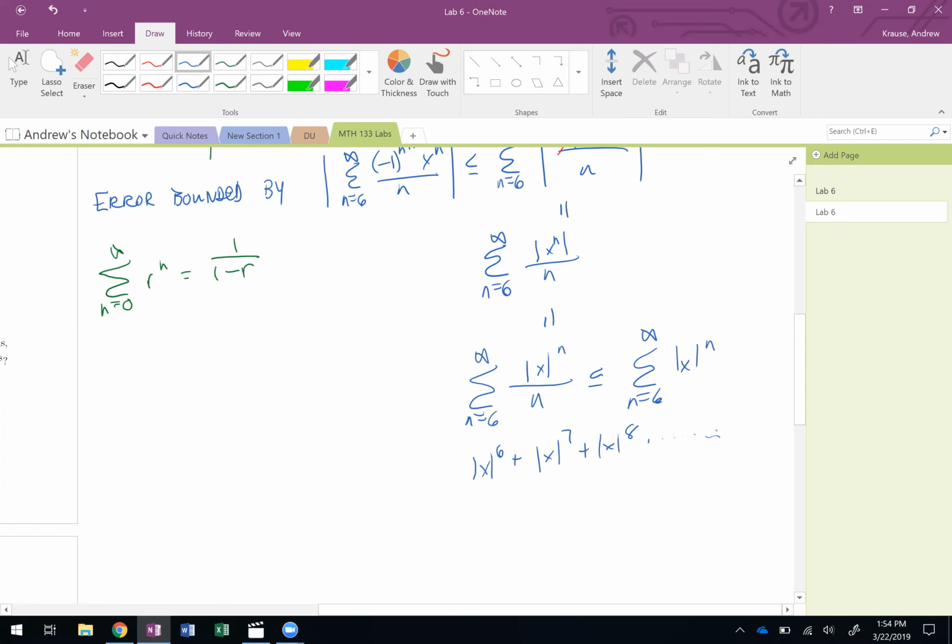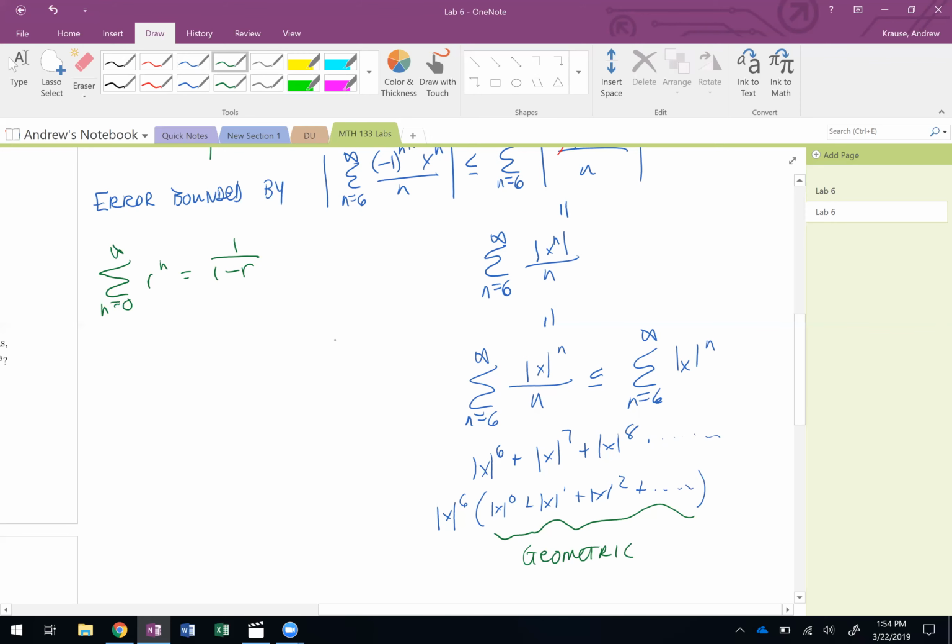Using the distributive property, I can take out an absolute value of x to the 6th, and what I'm left with is 1, or absolute value of x to the 0, plus absolute value of x to the 1, plus absolute value of x squared, on and on. And then this right here is my really clean geometric series, and I just have this multiplication factor on the outside.